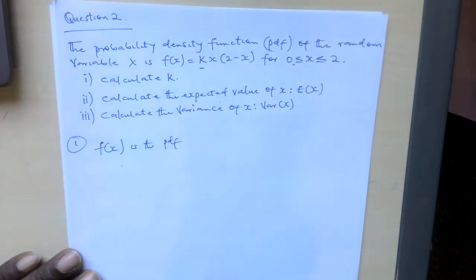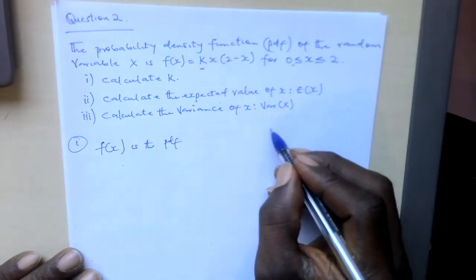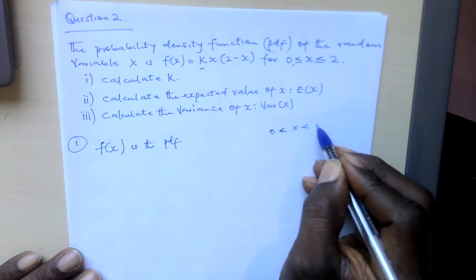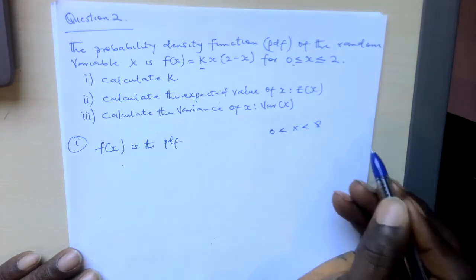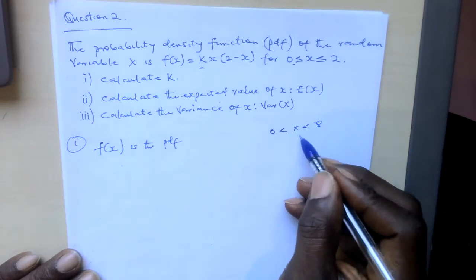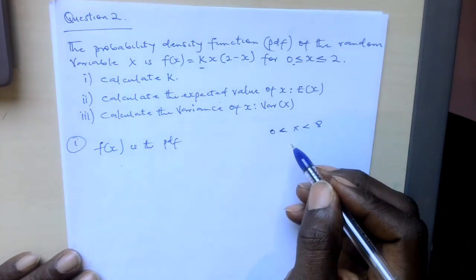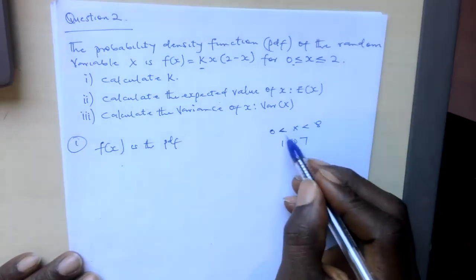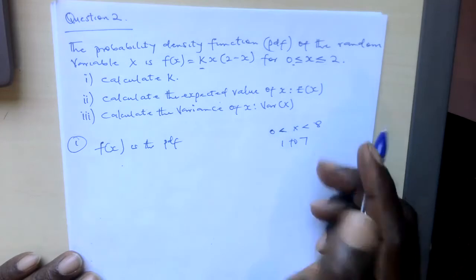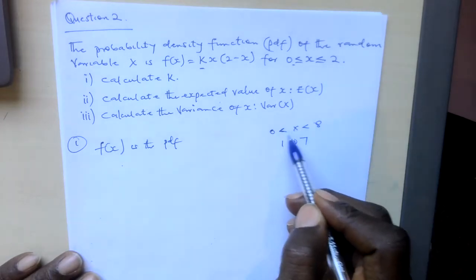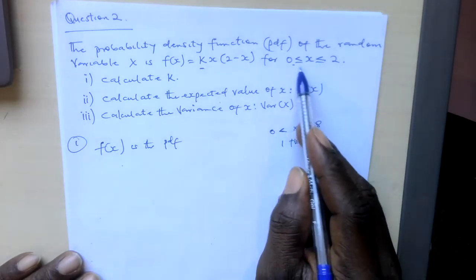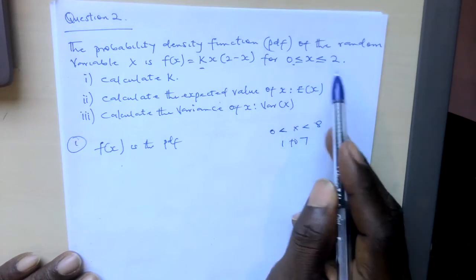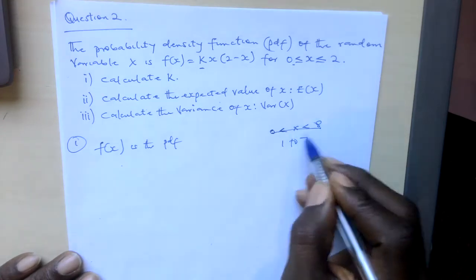So for instance, if you have 0 less than x less than 8, there's no equal sign here. So that means our main range will be 1 to 7, right? Why? Because the extreme is excluded, because there's no equal sign. But for here now we have equal sign, so it's going to be from 0 to 2, right? It's just by the way.